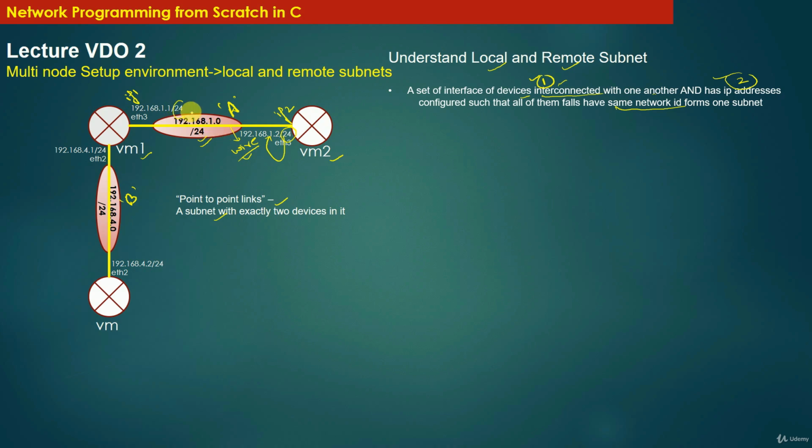Similarly, if you apply mask value 24 on 192.168.1.1, which is the IP address of interface IF1, you again get the same network ID. So condition 2 is also satisfied. When conditions 1 and 2 are satisfied, we say that VM2 and VM1 are in the same subnet.